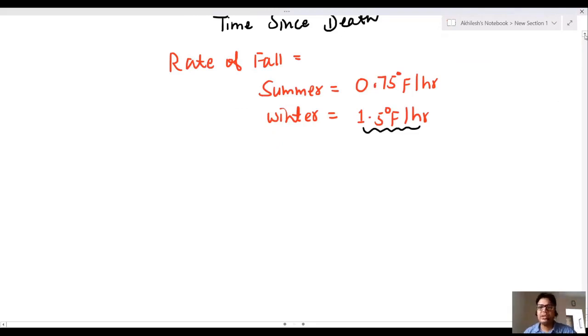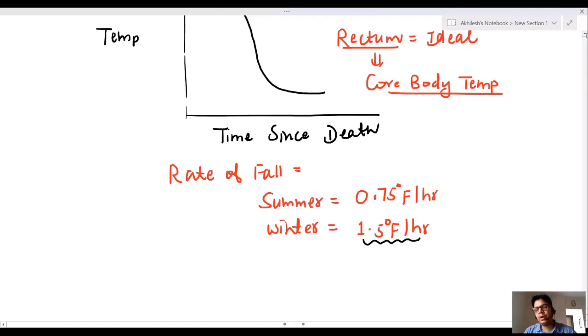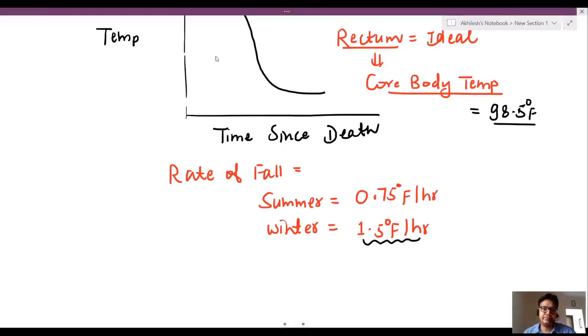Now, what is normal body temperature, your core body temperature? Almost 98.5 degree Fahrenheit. Okay. Now, what about centigrade?